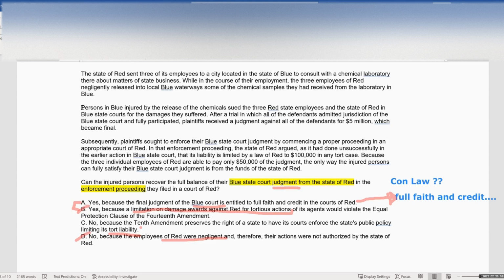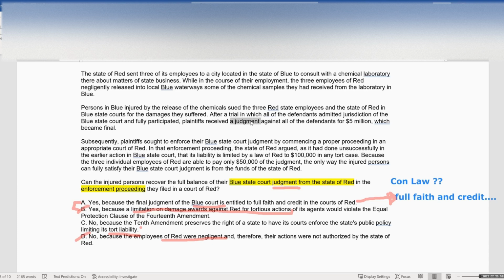We're able to eliminate it when we go to the next paragraph. Persons in blue injured by the release of the chemicals sue the 3 red state employees and the state of red in blue state courts for the damages they suffered. After a trial in which all of the defendants admitted jurisdiction of the blue state court and fully participated, plaintiffs receive a judgment against all of the defendants for $5 million, which became final.